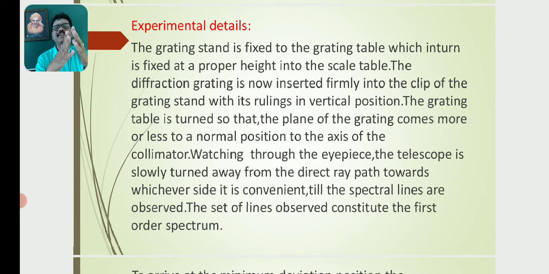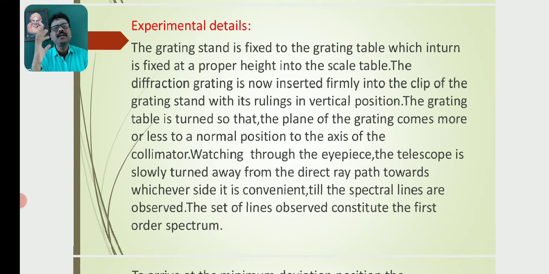So here the grating is fixed on the grating table such that the rulings are vertical, perpendicular to the grating table, and it is placed between the collimator and the telescope with the help of a clamp or the grating holder.